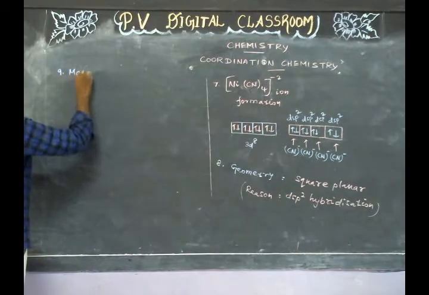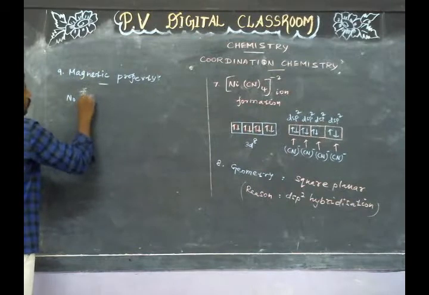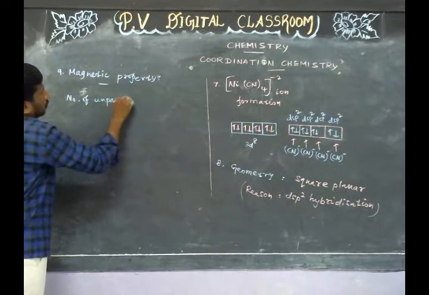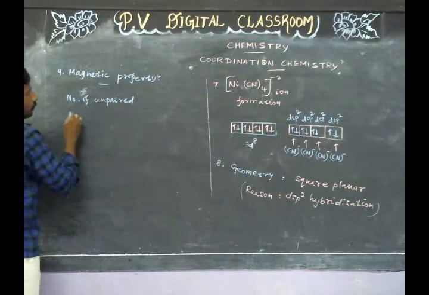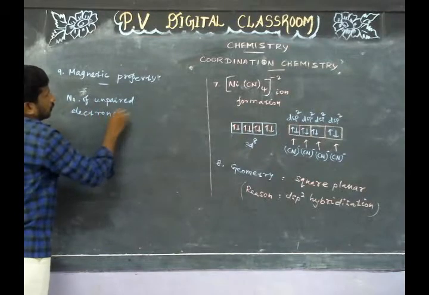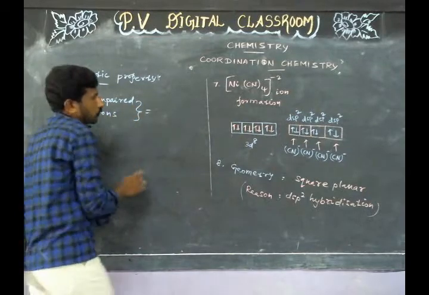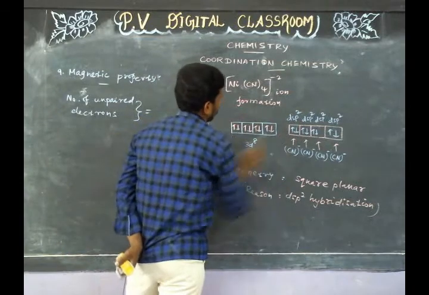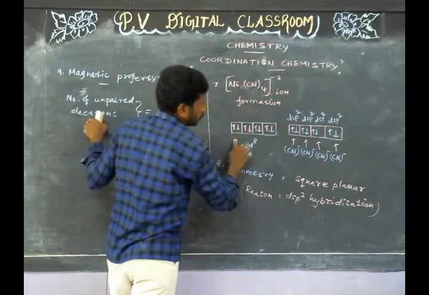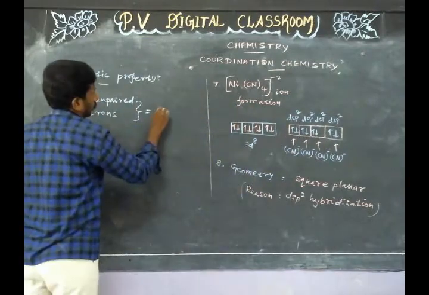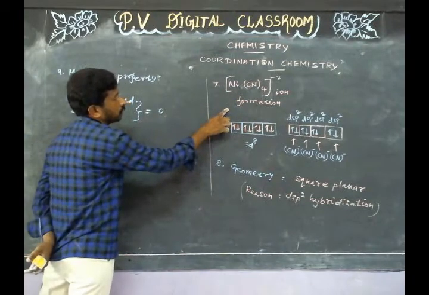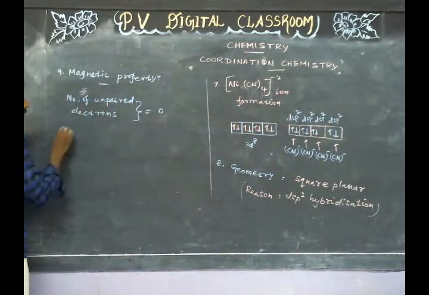Magnetic property: the number of unpaired electrons present in the given complex is equal to 0. So the given complex exhibits diamagnetic property.